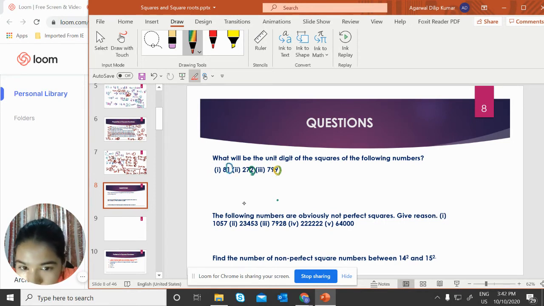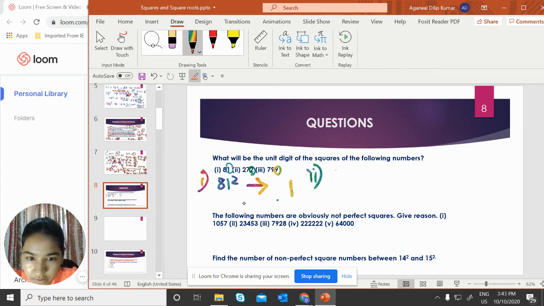So the first thing, if we take 81 squared, what will be its units digit? 1 ones are 1, right? Any number that ends with 1 or 9 in its units place, that number squared will end in 1. So their units place will be 1.